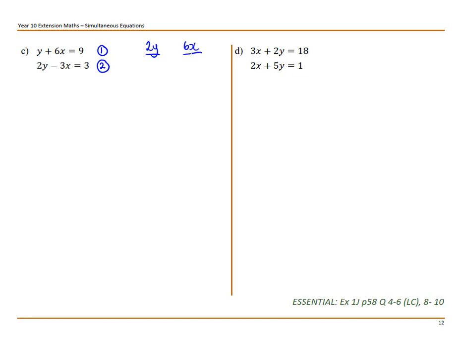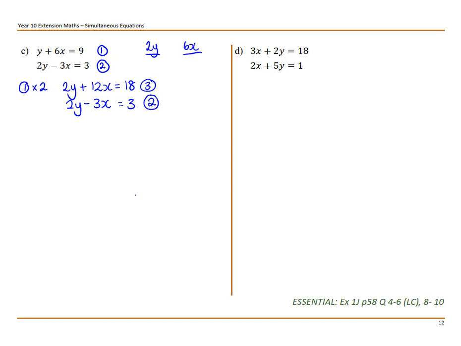Okay, I'm going to go for the 2y, so I'm going to multiply equation 1 by 2. So y times 2 is 2y plus 6x times 2 is 12x equals 9 times 2 is 18. That now becomes equation 3. So I've got equation 3 and equation 2.